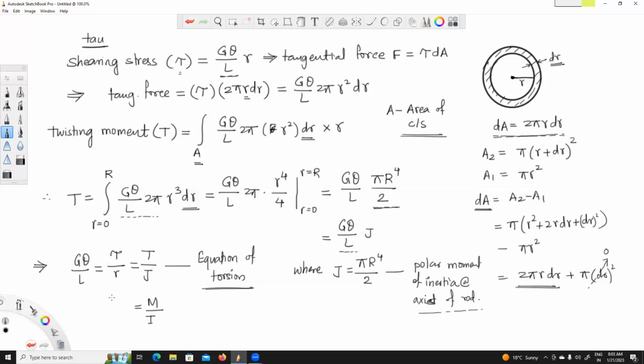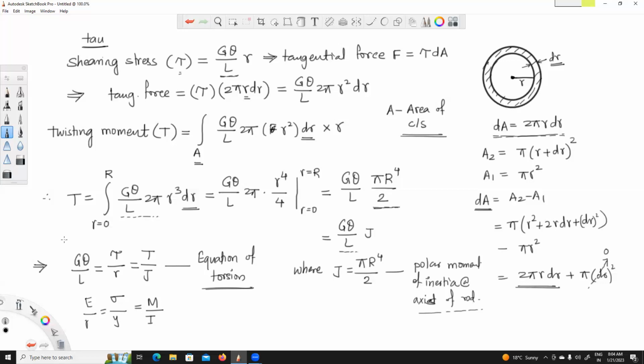Instead of this tau, we had sigma, bending stress, divided by y, the distance from the neutral axis in case of bending. Here we had just E, Young's modulus, instead of modulus of rigidity, over small r, that radius was a different part. So this was the bending equation, and analogically we have a torsion equation.